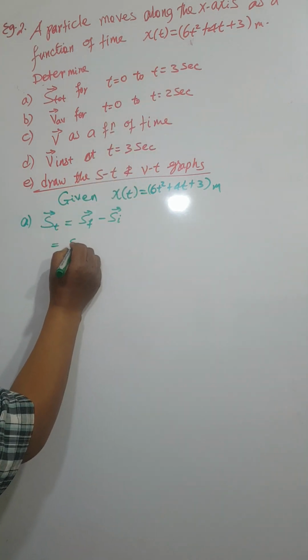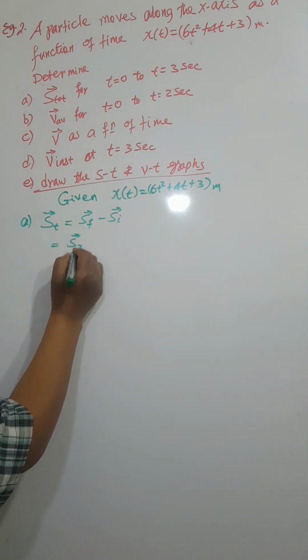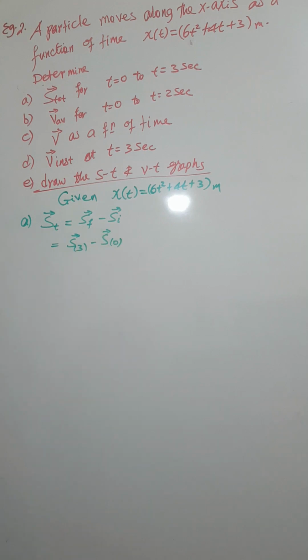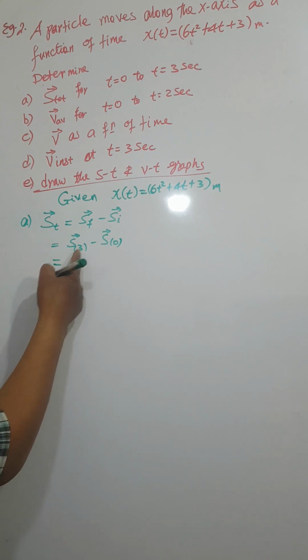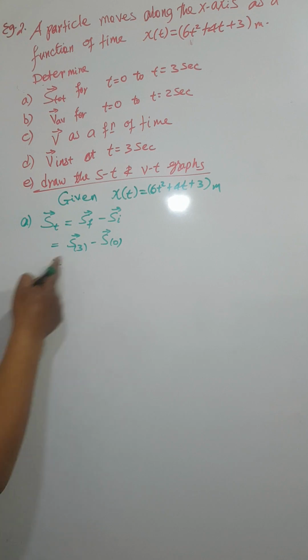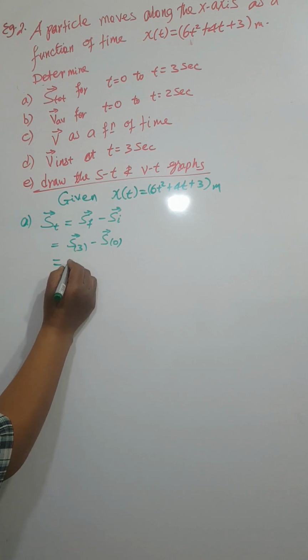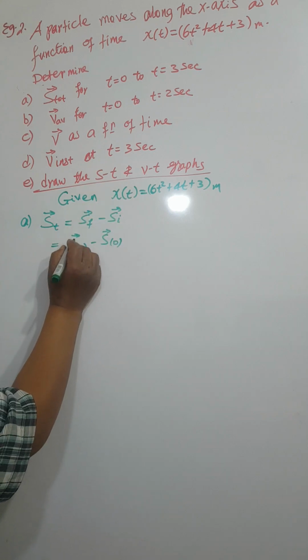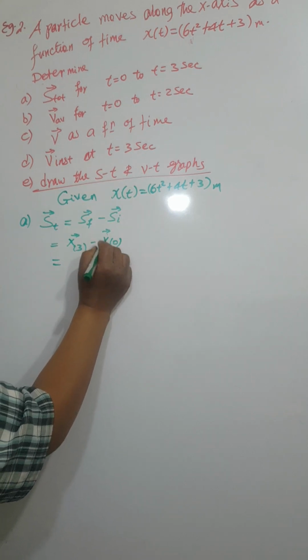Displacement at 3 seconds minus displacement at 0 seconds. So this is equal to, we replace t with 3. It's better to represent it with x.